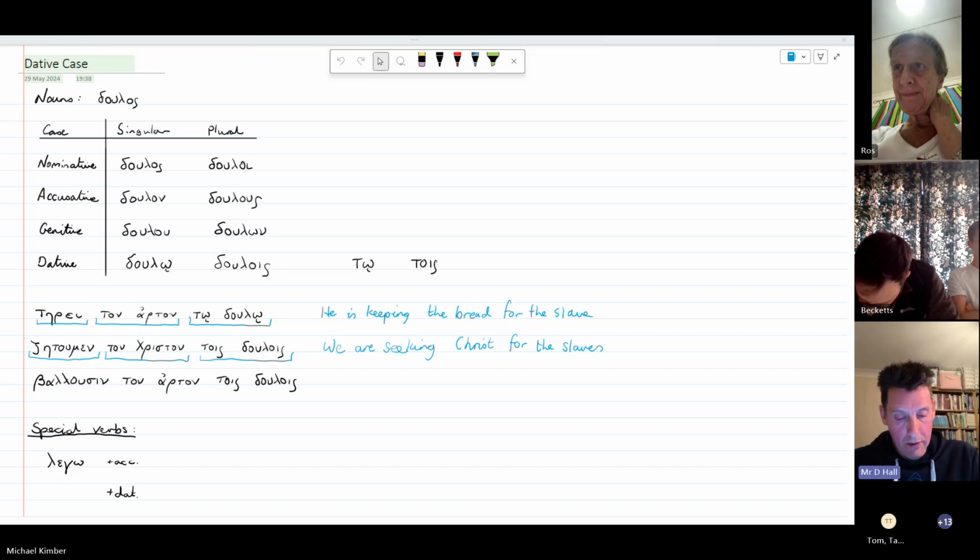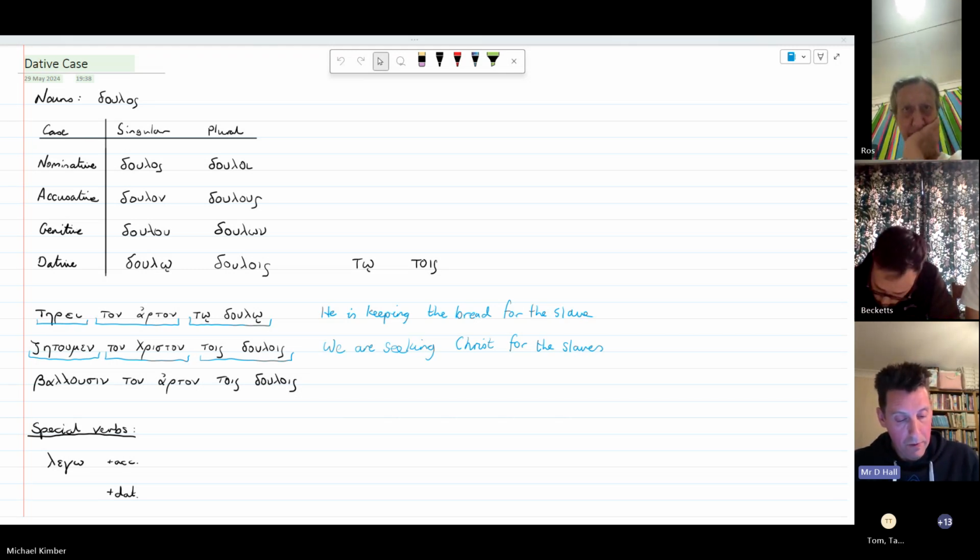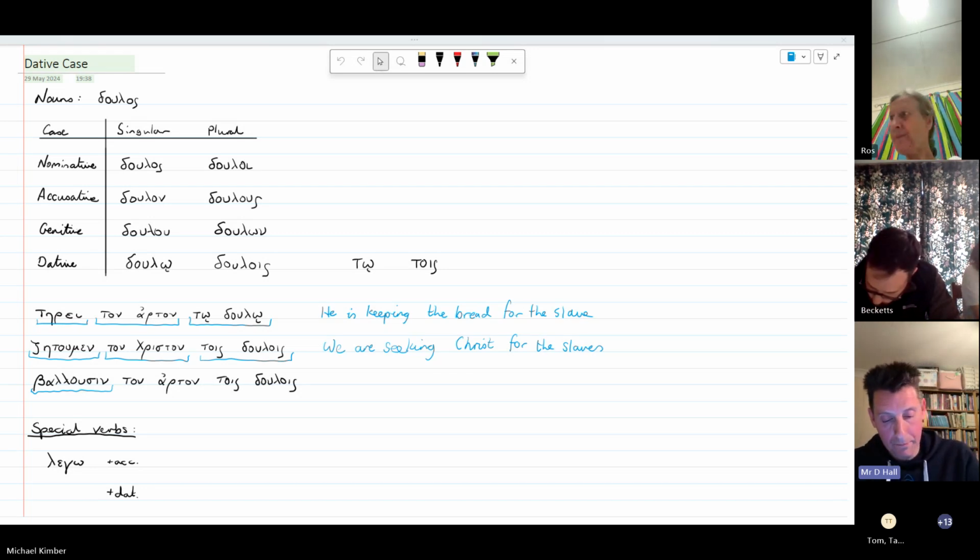And we have a similar thing using slaves below. So balusin ton arton tois doulois. If we were to translate that one, balusin is from the verb balo, which is to throw. Usin is the ending for the third person plural, so that's they. So they are throwing.